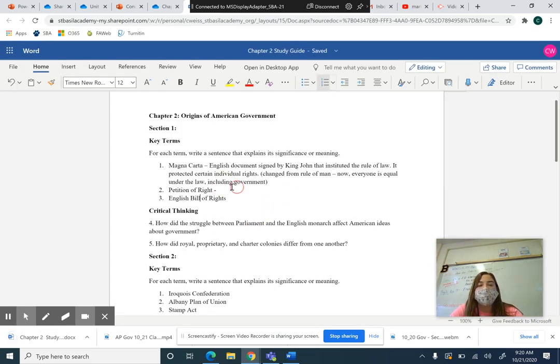The petition of right, what do you guys have for that? What is the significance of the petition of right? Anybody? Go ahead, Ella.